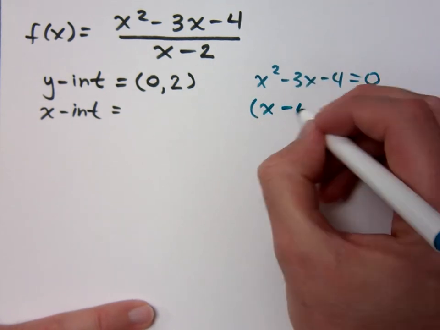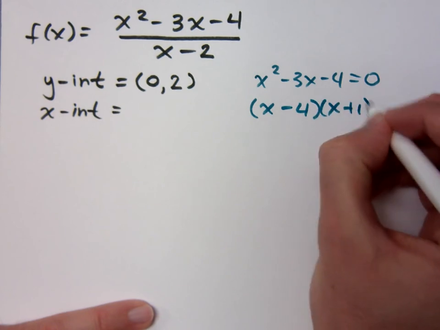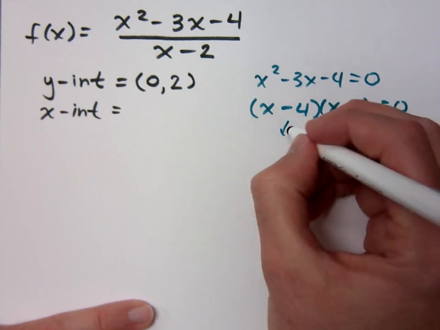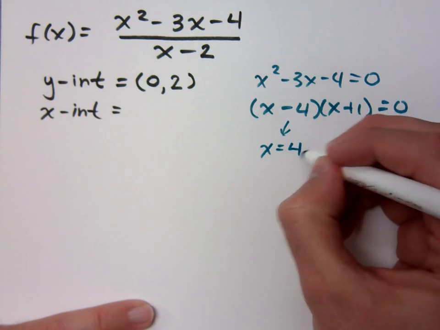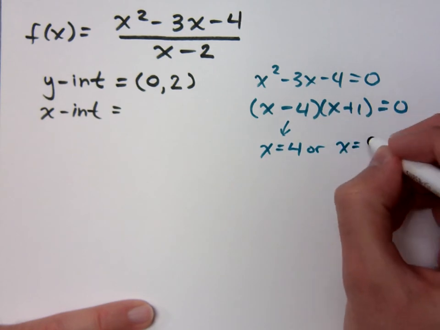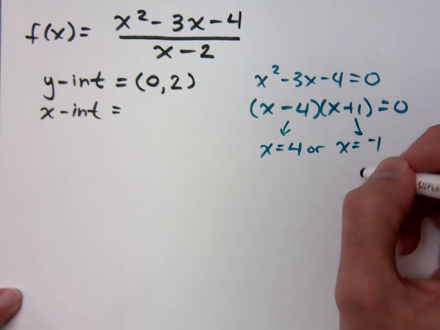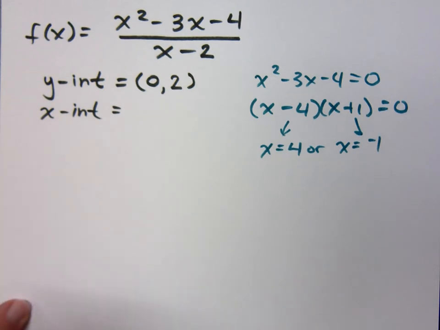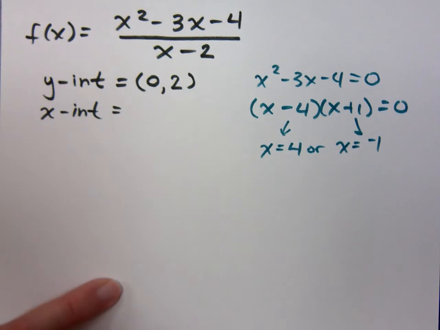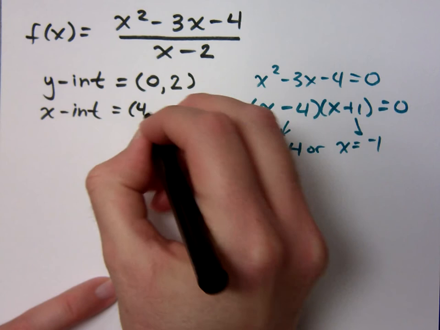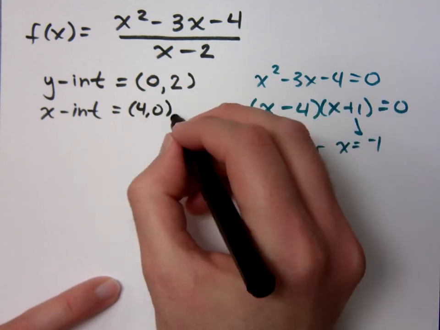This factors as (x minus 4)(x plus 1), which means I get zeros at 4 and -1. So then what are my x-intercepts? You can't get a 0 for the denominator because that leads to something else. We have (4, 0).